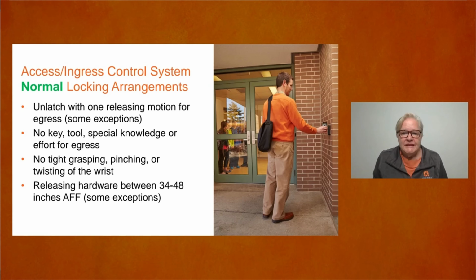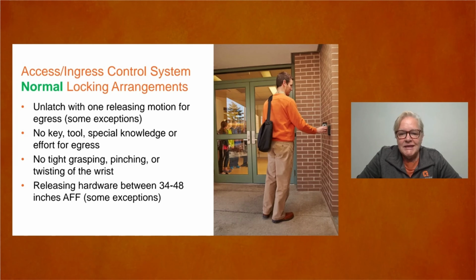So the doors meet the same requirement as doors with mechanical locking hardware, like as shown here on the slide. They unlatch with one releasing motion without a key, tool, special knowledge, or effort, with no tight grasping, pinching, or twisting of the wrist. And then the releasing hardware has to be mounted between 34 and 48 inches above the floor. There are some exceptions to that.